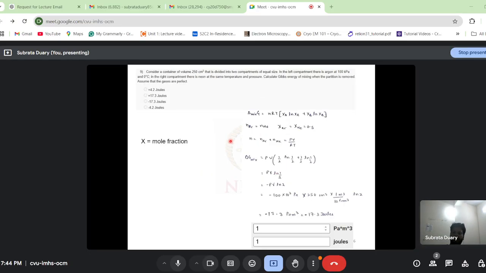Keeping all the things in mind, now this is the mole fraction concept, where you have to calculate delta G mixing, sometimes delta S as well.